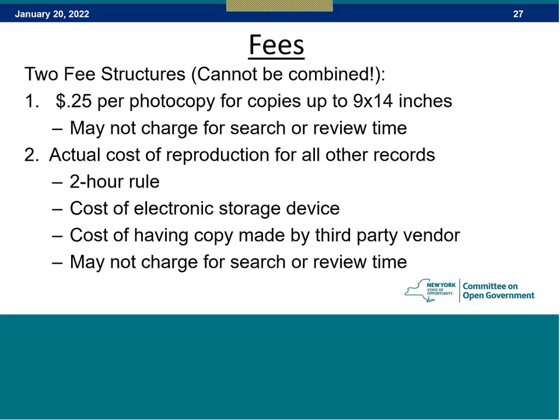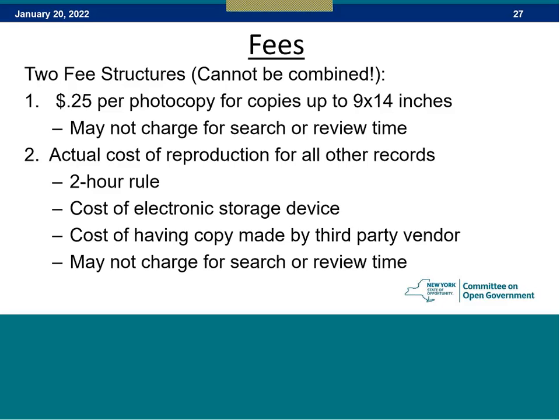The second fee structure is if it's a record larger than 9 by 14 inches or if it's a record in some other form other than photocopies. And if that's the case, what the law states is that the agency can charge the actual cost of reproduction. And then the law goes on to state what the agency is permitted to take into consideration when determining the actual cost of reproduction.